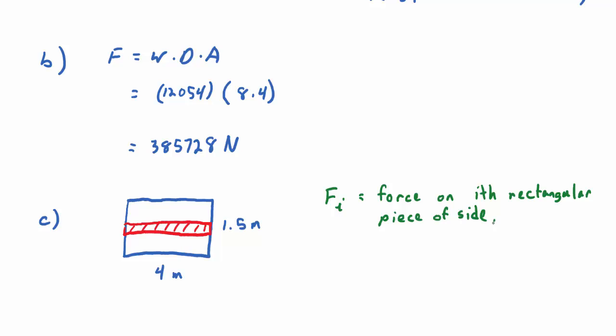On that rectangle, the force will be almost constant is the point. So, I guess we could break it up like this. The formula for force is W d A, right? So F sub i would be W sub i, d sub i, A sub i. If you want to coordinatize this, you can. In this example it's not so important, but I think it makes sense to put the origin there at the left-hand corner and make the bottom of the tank correspond with the x-axis, so xy.